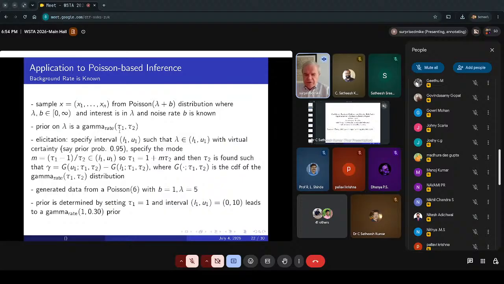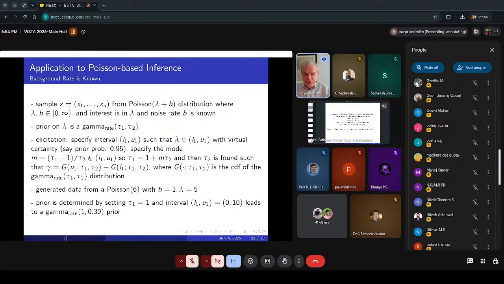Now, anytime I talk about Bayesian methodology, I always think one should talk about how I would elicit such a prior. So here, I'm going to specify an interval such that I know that the true value of lambda is in that interval with virtual certainty, say probability 0.95, or it could be 0.99 or even bigger. And I'll specify the mode.